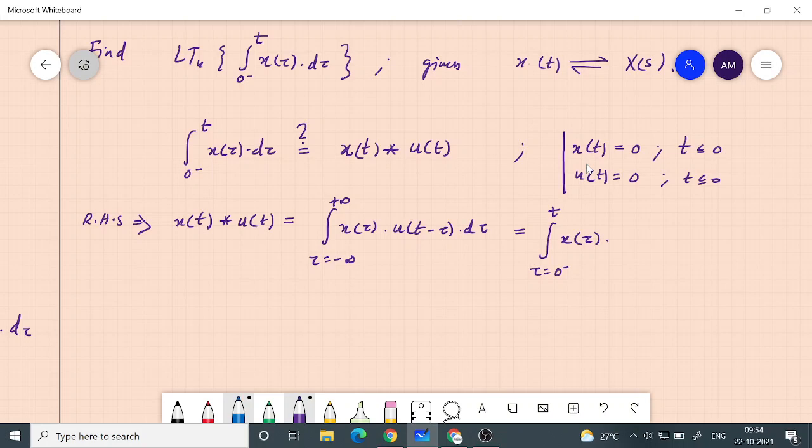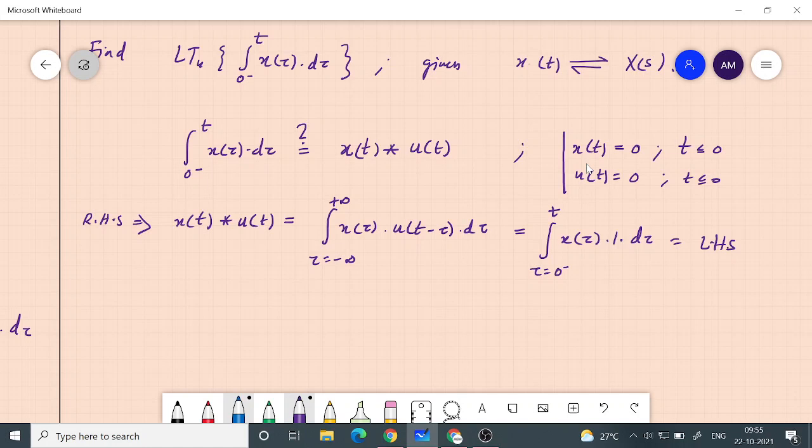So if tau is smaller than t, then u of t minus tau has a positive argument, and it is going to be equal to 1, and therefore it is this. So this is what we started with. So this is our LHS.